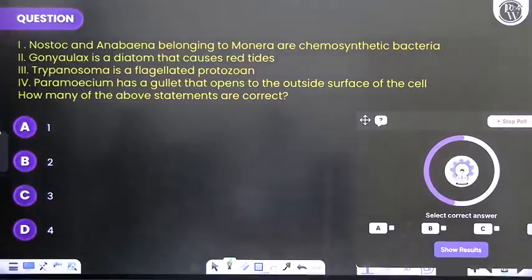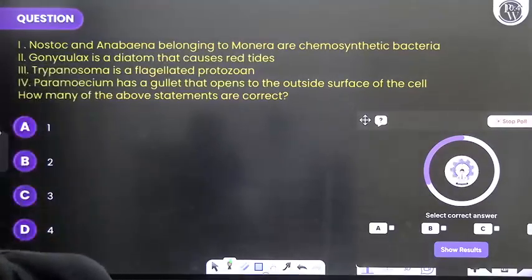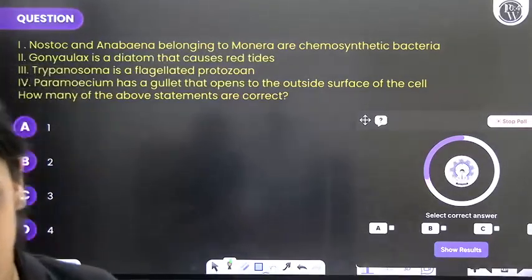Here you have to identify how many statements are correct. Next lesson we will start with plant physiology, Pratik. Photosynthesis, my most favorite chapter of all time.